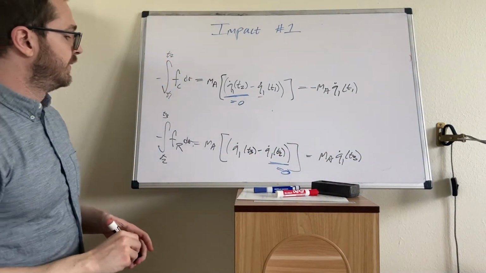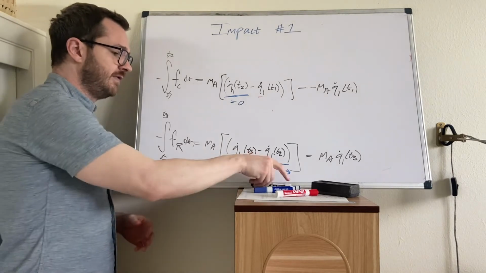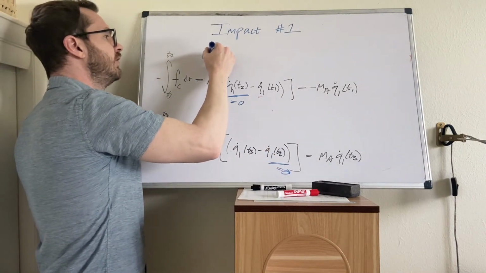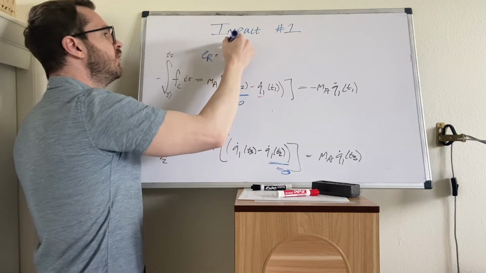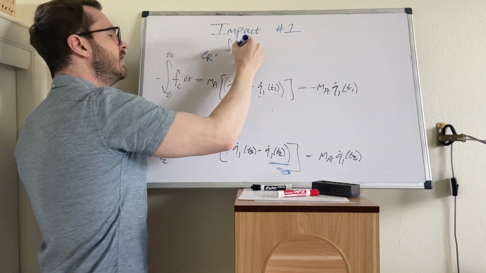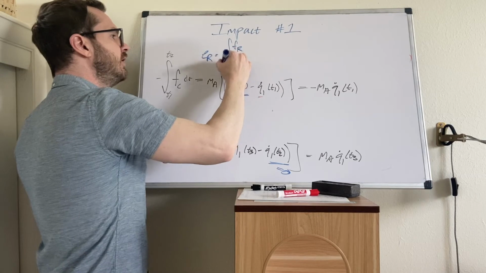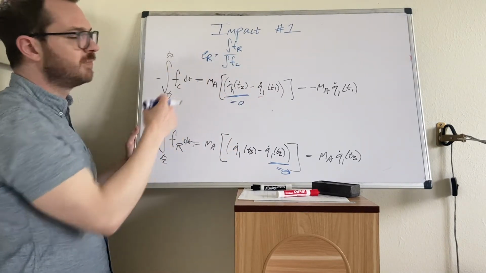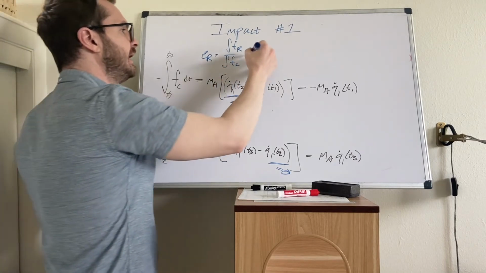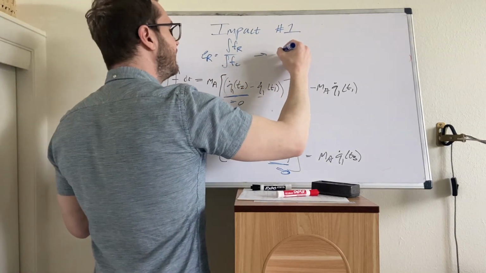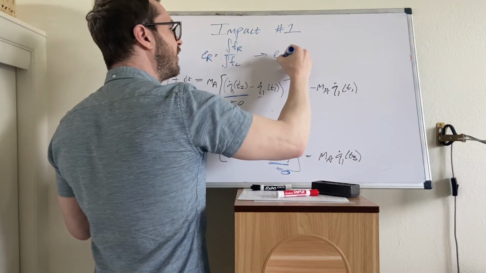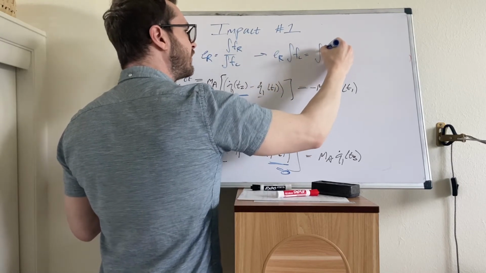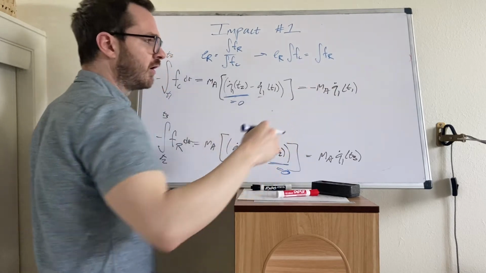Next, we also have the definition of the coefficient of restitution available to us. We said that we're going to assume some value of it. We know that this is equal to the integral of fr divided by fc. Remember, this was Poisson's definition. I can then say that really this is E sub r multiplied by the integral of fc, and that is equal to the integral of fr.